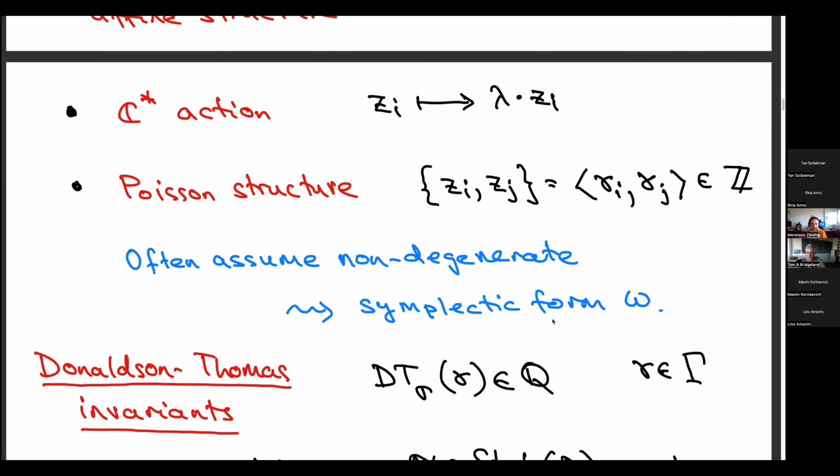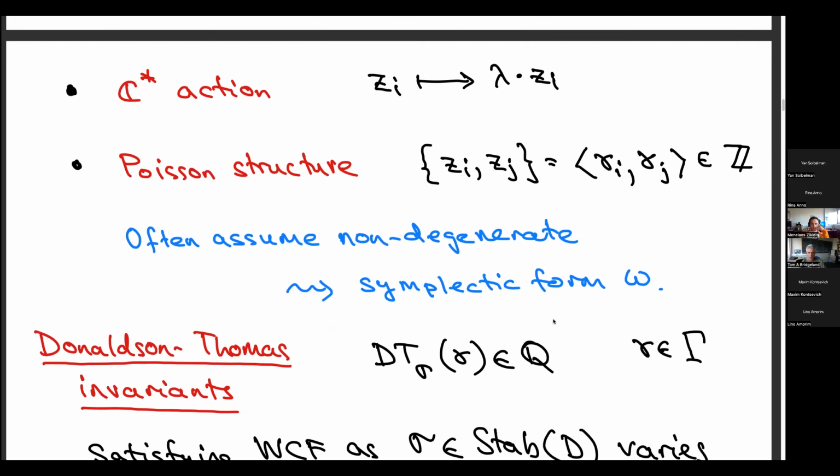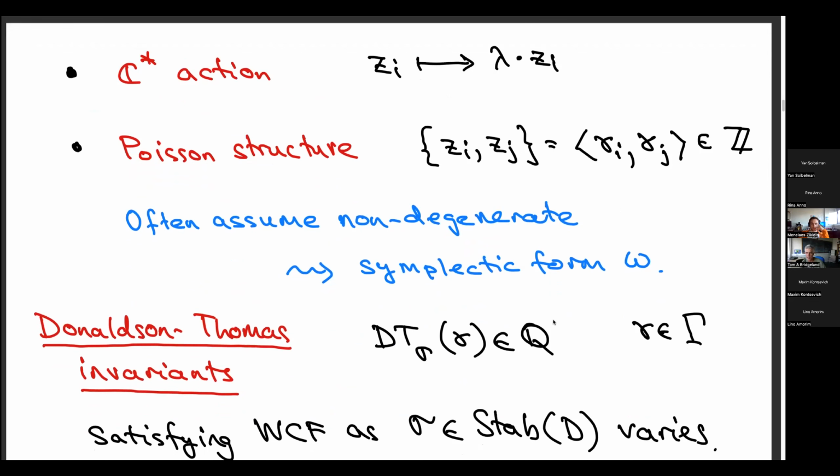Okay, so I'm not going to say anything about how you define these things, of course, but in good cases, for example, if your stability condition boils down to stability for representations of a quiver with potential, then you have well-defined invariants, DT sigma of gamma. So these depend on the class in your charge lattice, that's gamma, and also on a stability condition.